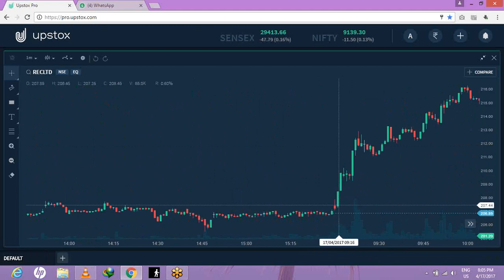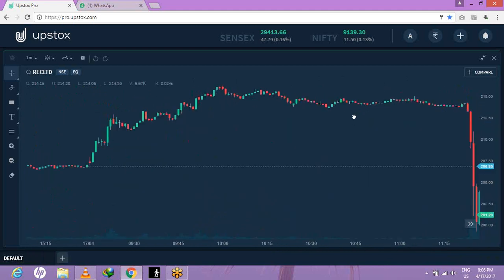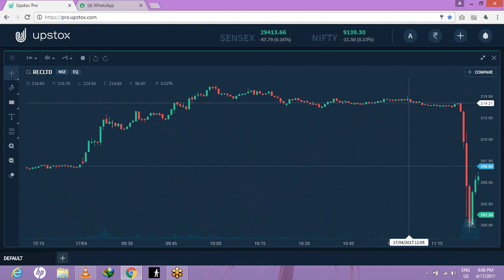Now what will happen? Other investors, the retail investors, think this price is going up, which means something is happening in this share. They come and start investing, and they keep on buying. When I see that it has gone to 216 or 215 level, it's a good time, so I put all my shares for sale at 216 or 215.